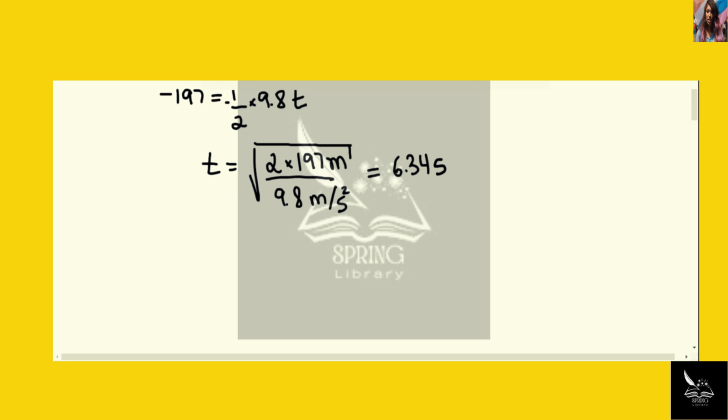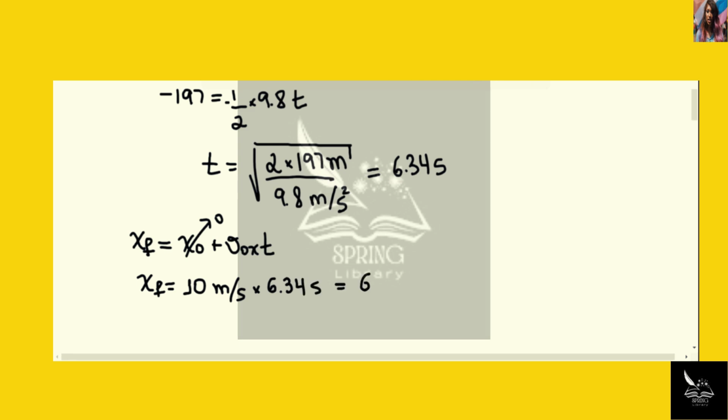Now we can calculate the final x coordinate as x0 plus v0x times the time t. So xf is x0, which is 0, of course, plus v0x, 10 meters per second, times 6.34 seconds. So this is 63.4 seconds.